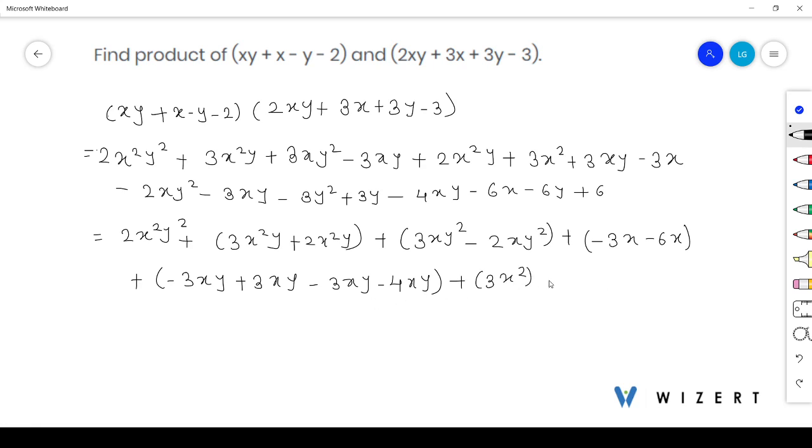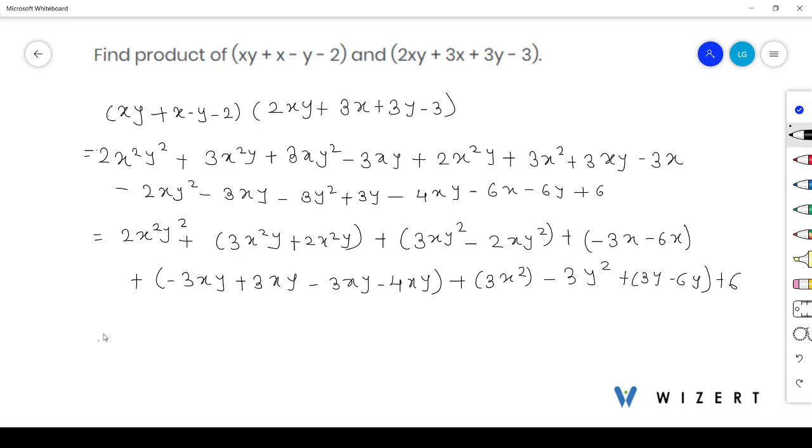For y square, there will be minus 3y square. Then for y, there is 3y, here 3y minus 6y is there, and constant term 6 is there.